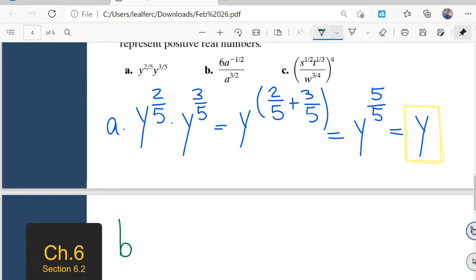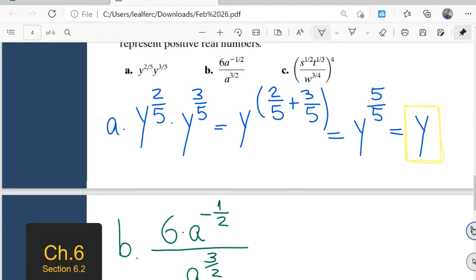Letter B. Now we have 6 times a exponent negative 1 over 2 over a exponent 3 over 2. What kind of property should we apply now?